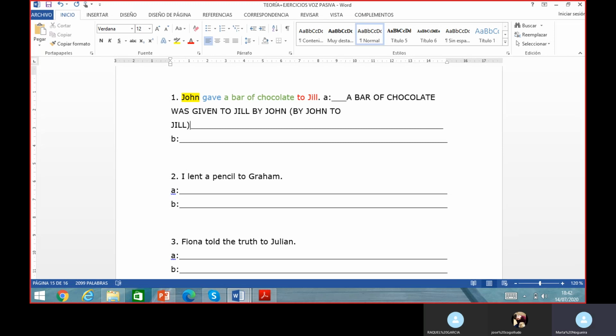The first possibility is that we put first the direct object: A bar of chocolate was given to Jill by John, or by John to Jill. This is the same. This is irrelevant.